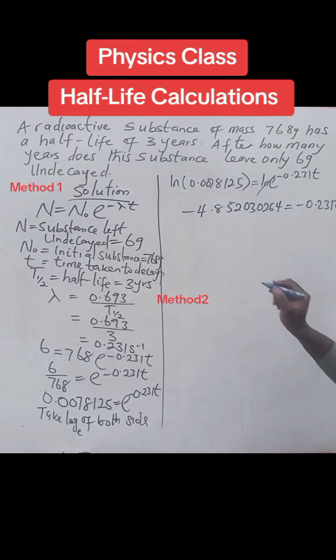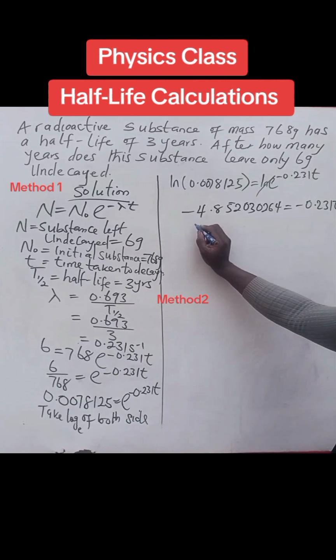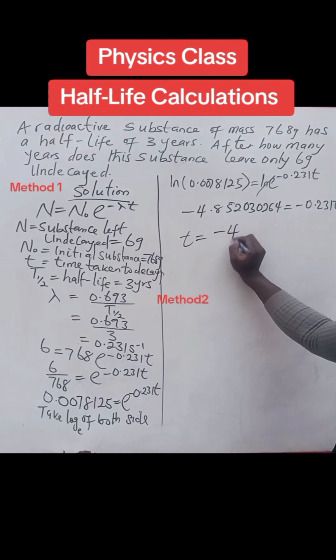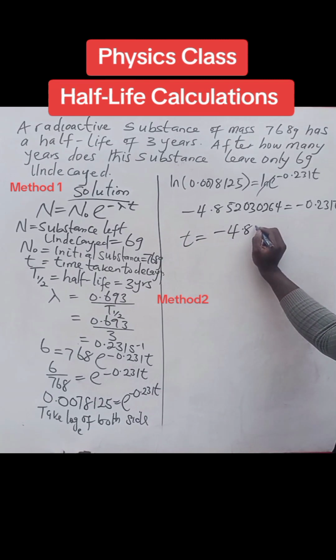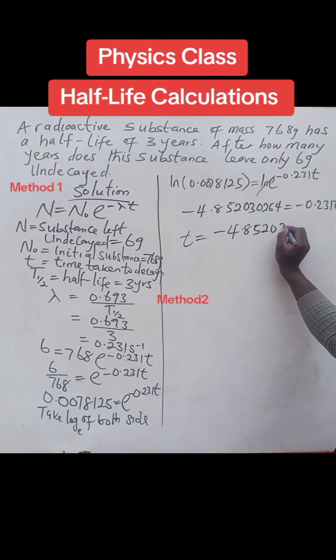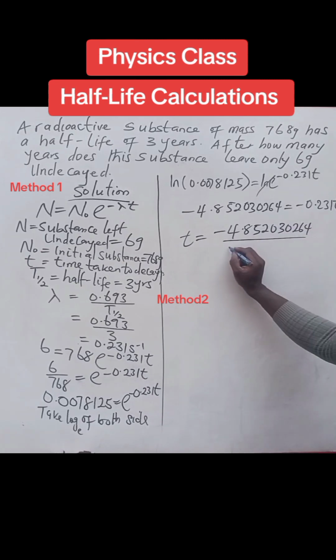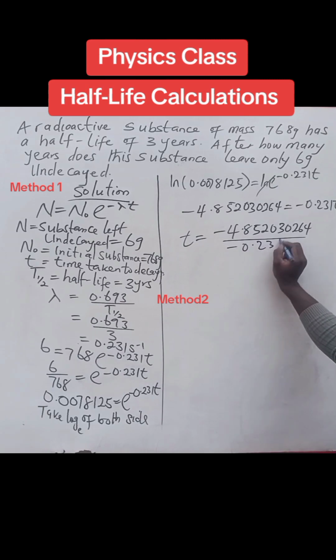So what we have now is t equals minus 4.852030264 divided by minus 0.231.